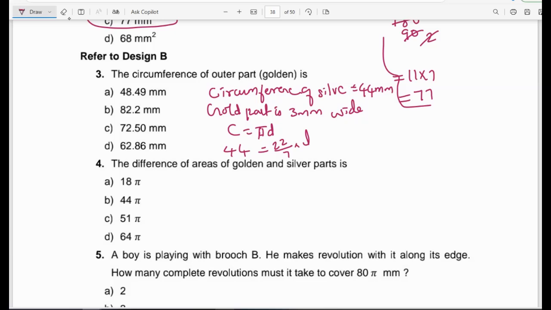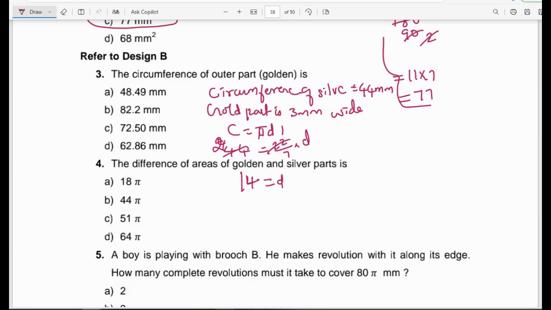So 44 into 7 divided by 22 is 14. If you cross multiply, 7 into 2 is 14. So the d value is 14 millimeter, the diameter is 14 millimeter.